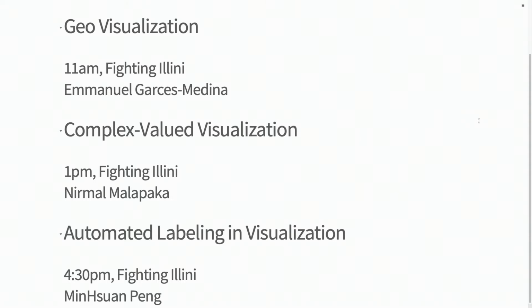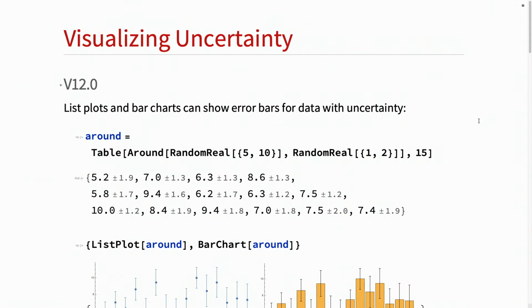And Min is going to be talking about automated labeling and visualization at 4:30. And as a consequence of them having their own talks, I'm not really going to say anything much about geographic visualization or complex valued visualization or labeling in this one.